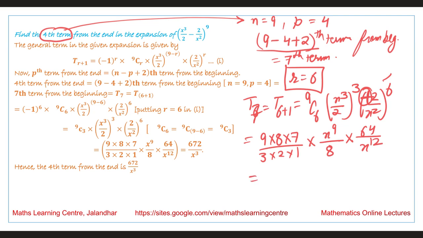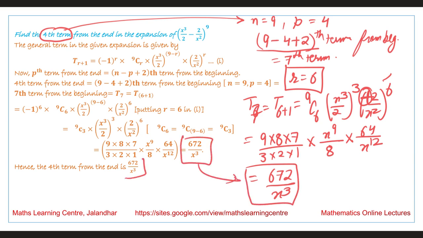So the answer we obtain is 672 by x cube. This is the final answer in this case. This is the fourth term from the end, or we are saying this is the seventh term from the beginning.